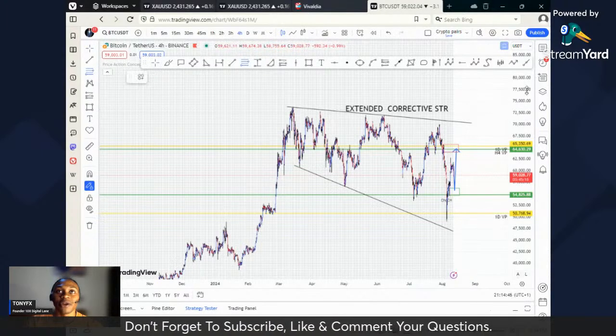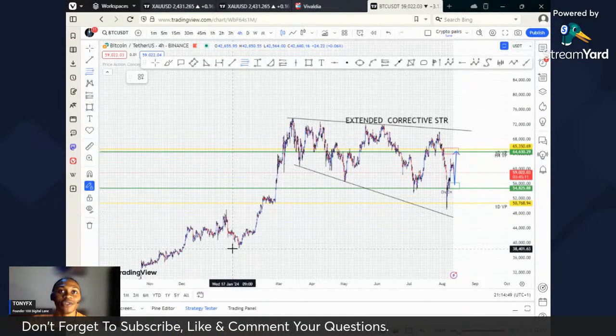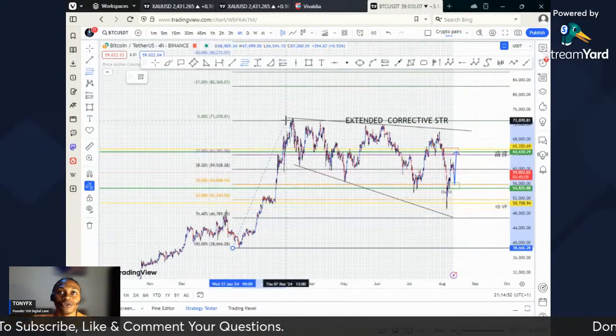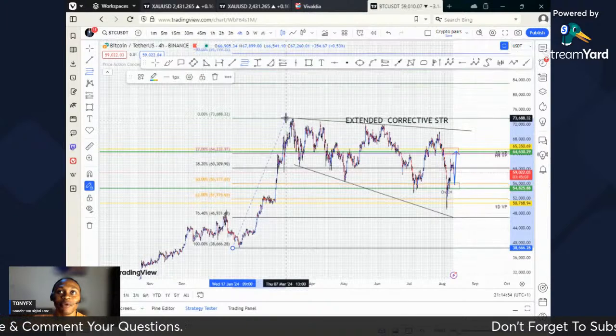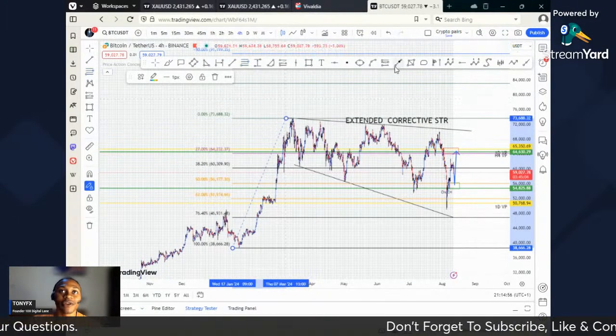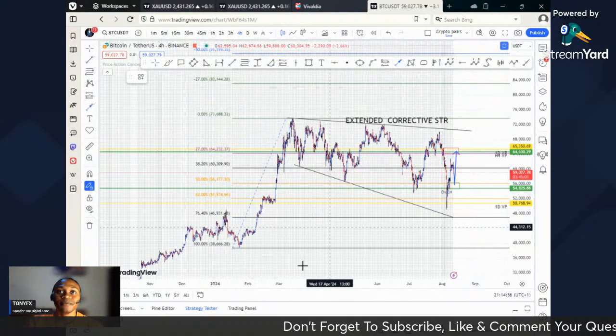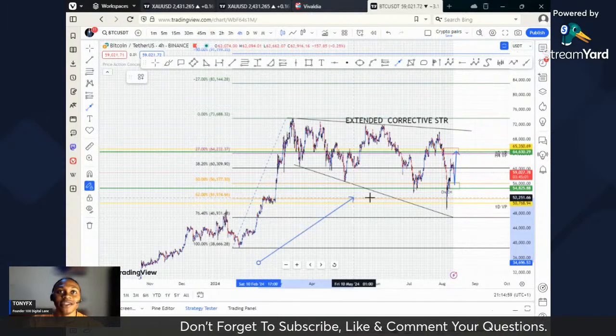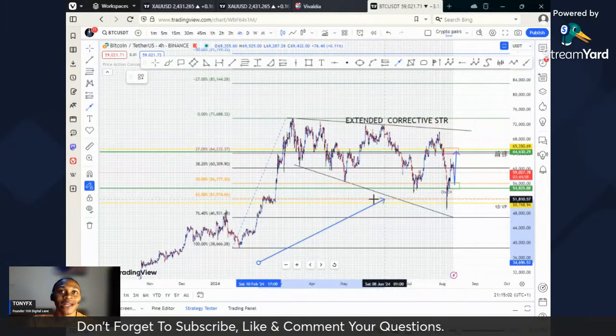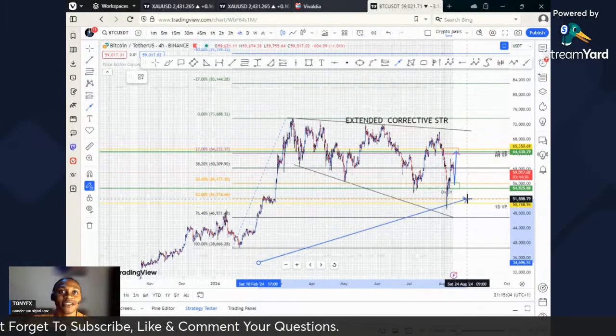The market has just been correcting to the downside. If you take the Fibonacci from this swing low to this swing high, you see that the market has corrected and tested the 62% Fibonacci retracement point.